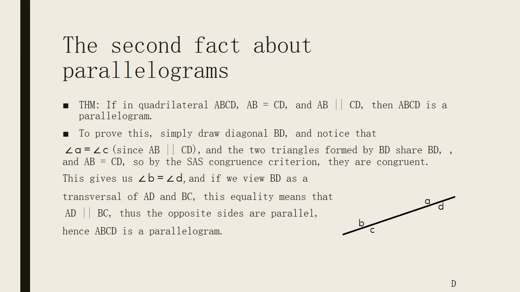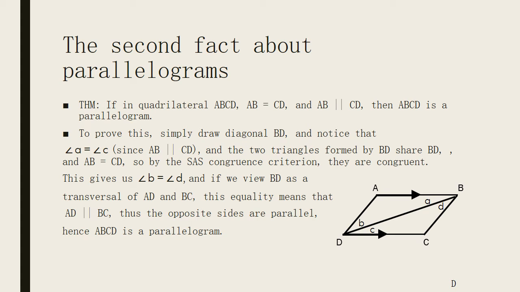The second fact, in fact, follows from the first. So we want to prove that if one pair of opposite sides is both equal in length and parallel, then the quadrilateral is a parallelogram. So we could either use our previous theorem and, if we show that, we simply draw the line BD here, and then we know that angle A is equal to angle C, and BD is equal to itself, and AB equals CD.